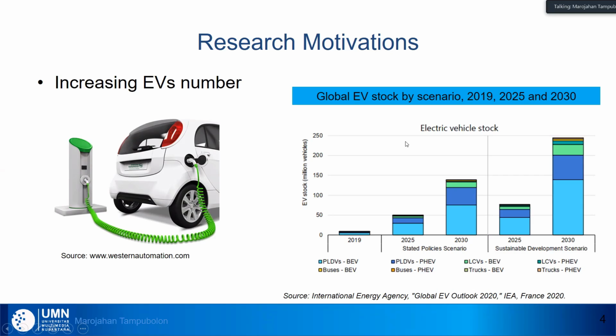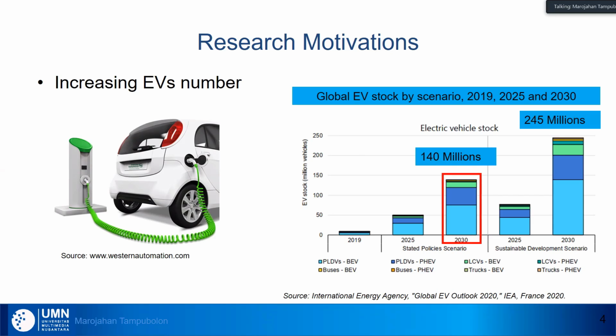This graph on the right side is from the International Energy Agency report, the Global EV Outlook in 2020. We can see that they predict the stock of electric vehicles will be around 140 million under the stated policies scenario.